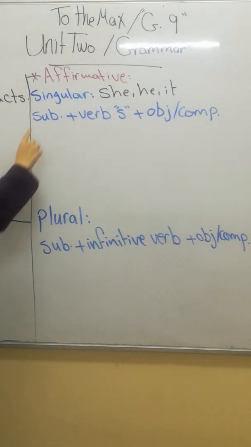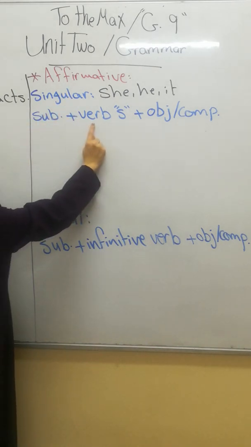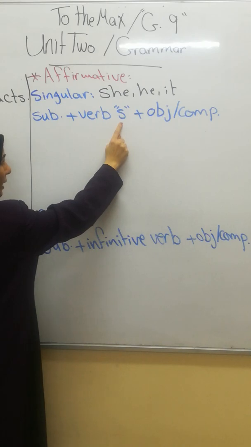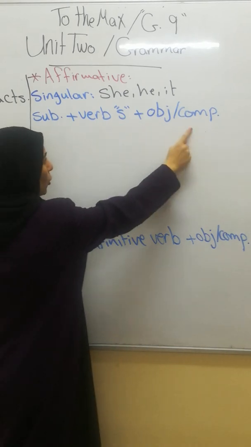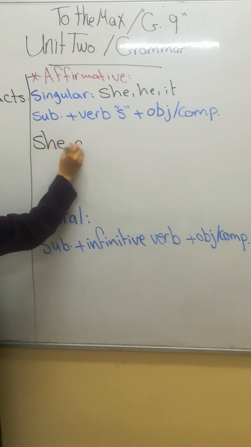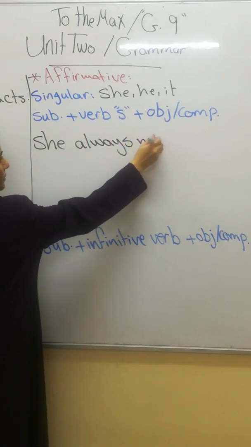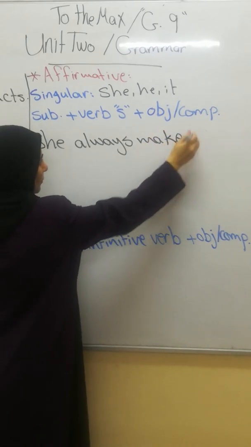The main structure for the affirmative simple present for the singular is subject, verb with s at the end of it, plus object or complement. For example, she always makes tea.